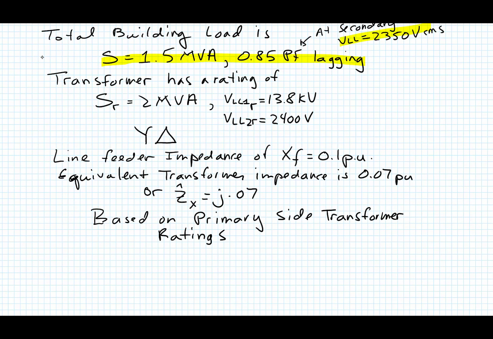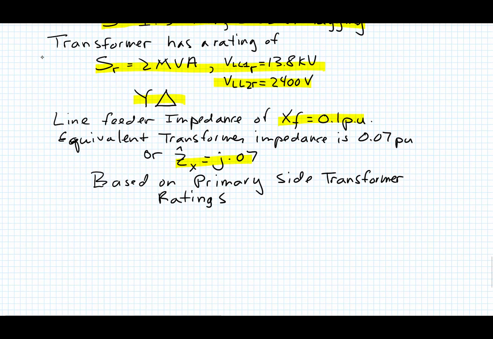We've got the transformer information, including its impedance, and we have a line feeder. So what could go along with this is a one-line diagram, which I'm going to draw here. There's your feeder coming from the utility.